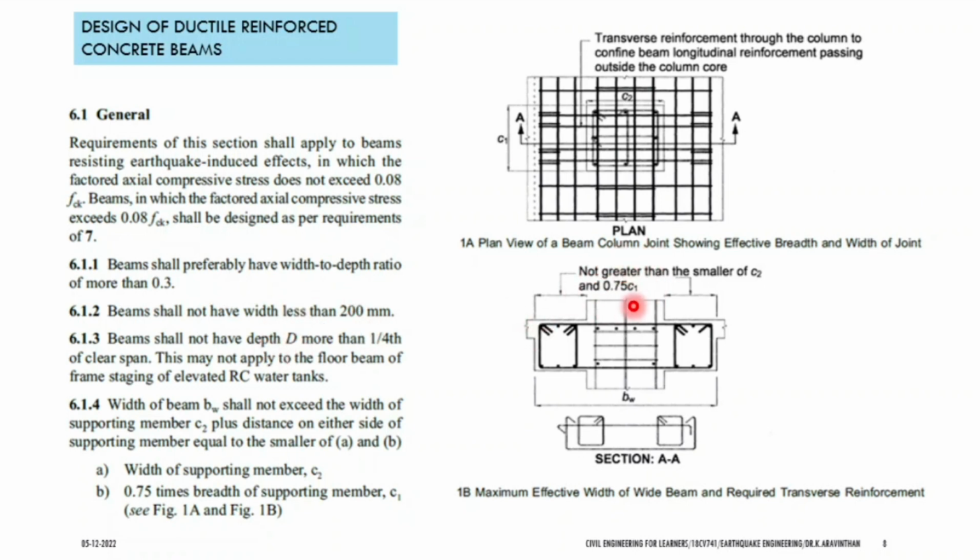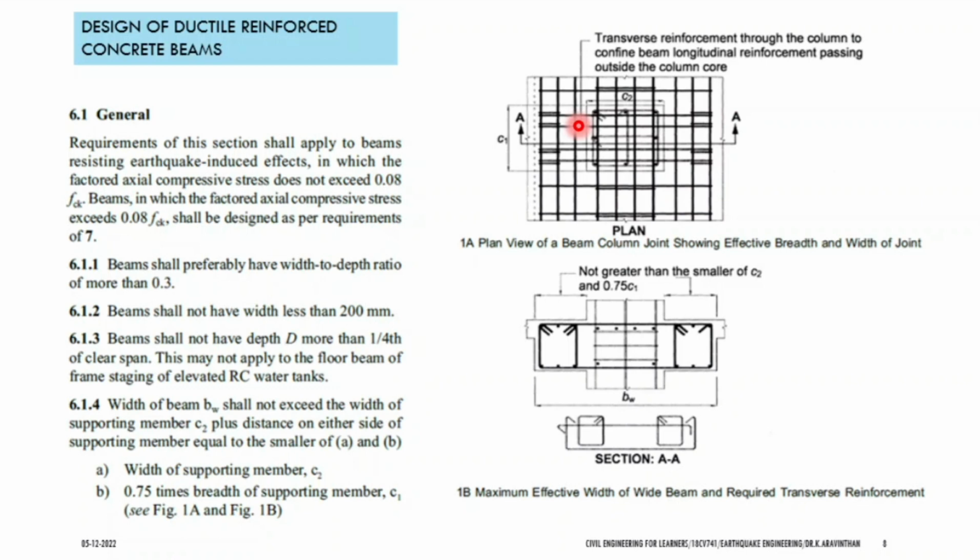0.75 times C1. What is C1? C1 is this distance. Imagine your column is 1 feet by 1 feet. Now your beam should not go more than 0.75 feet on each side. So totally 2.5 feet: if you have a 1 feet column, your beam width can extend up to 2.5 feet only.